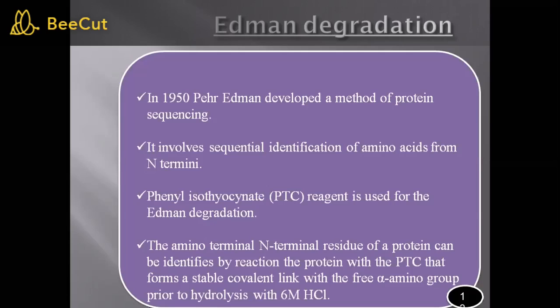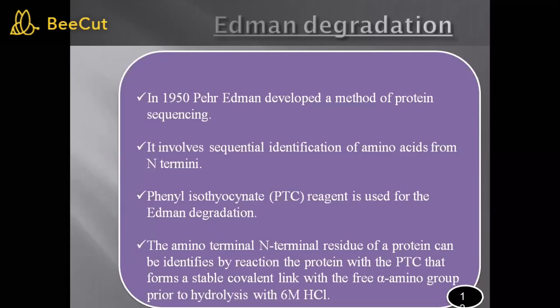Phenyl isothiocyanate. The amino terminal, that is the N-terminal residue of the protein, can be identified by reacting the protein with the PTC that forms a stable covalent link with the free amino group prior to hydrolysis with 6 molar HCl. So again, we are using the phenyl isothiocyanate here.